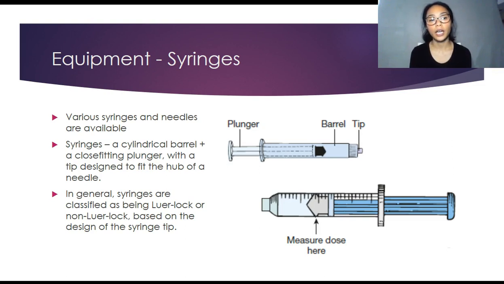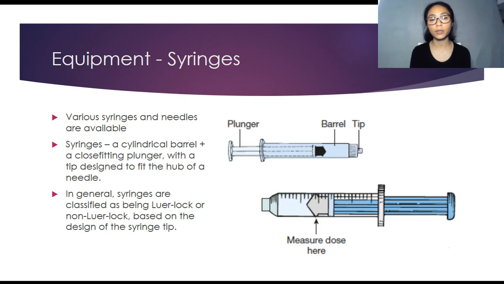And you might have seen in the labs and on placement, that syringes come in various sizes. Likewise with the needle and the sharps, they come in various sizes depending on what you want to do. The plastic syringes that we can see on the screen come in various sizes in order to deliver a certain volume of medication.